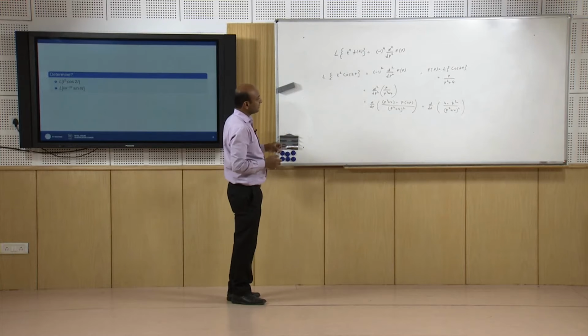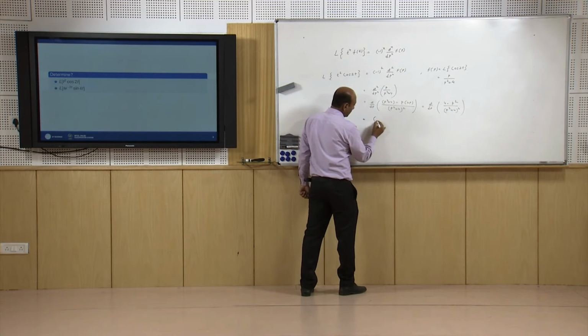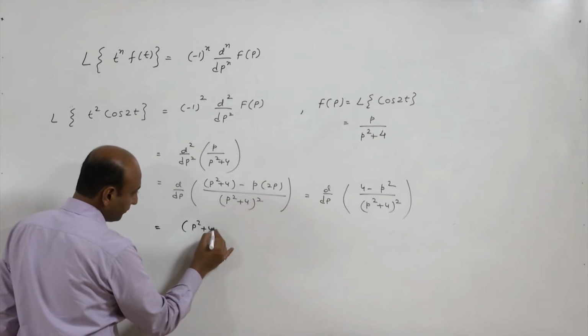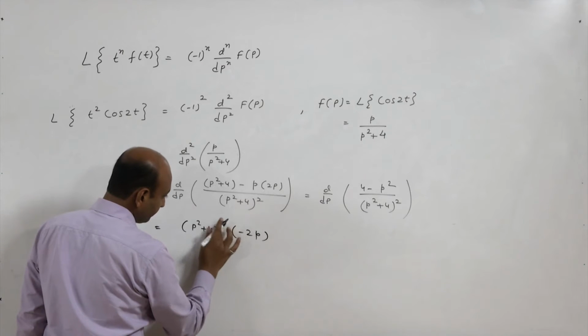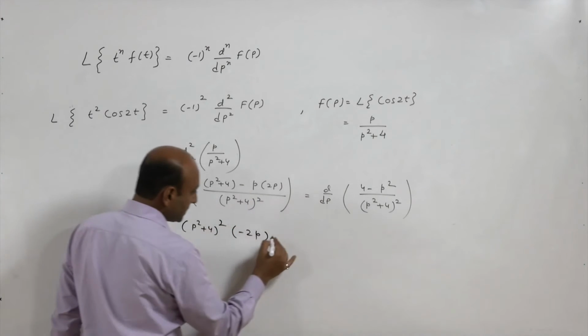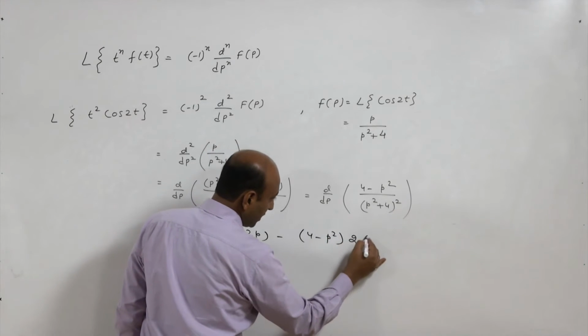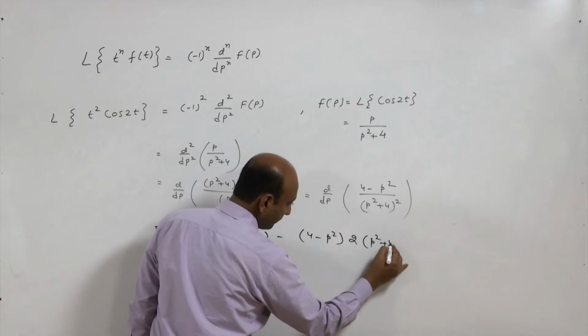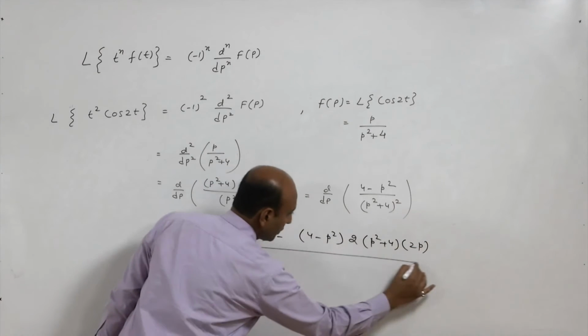Derivative of this F p will be nothing but again denominator times derivative of numerator minus numerator times derivative of denominator, and denominator whole square.